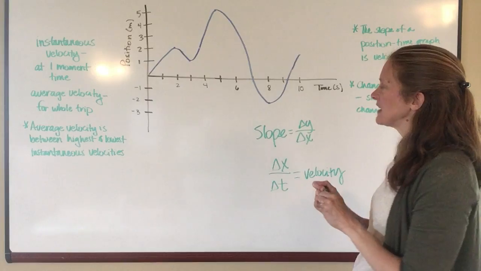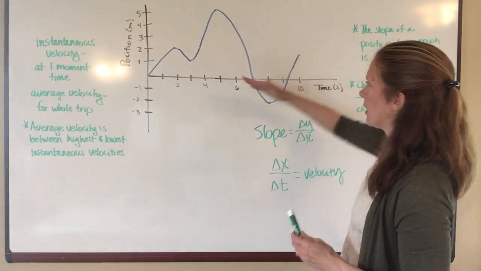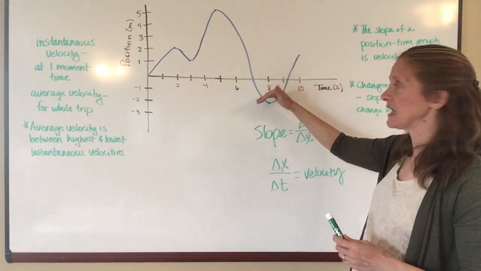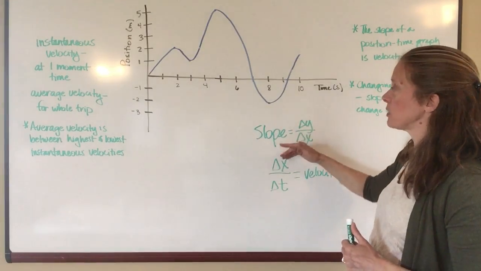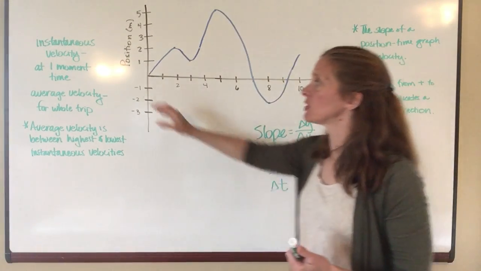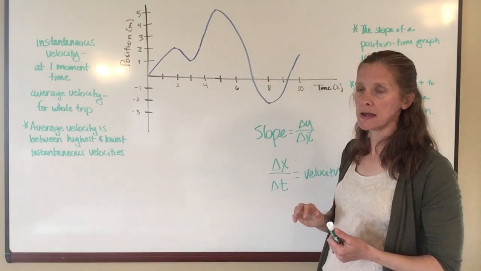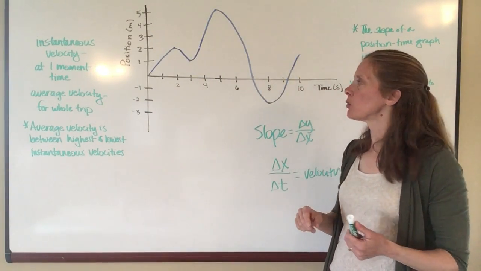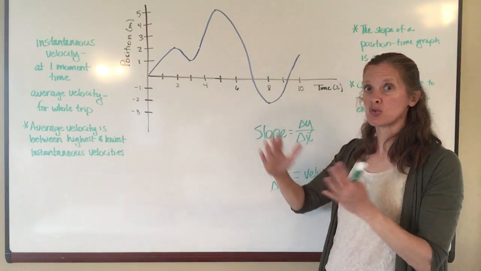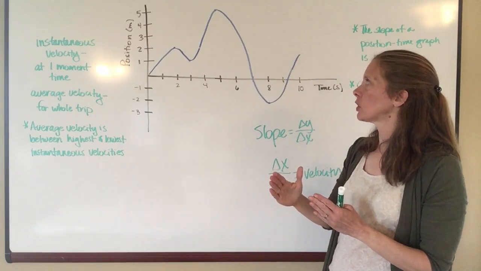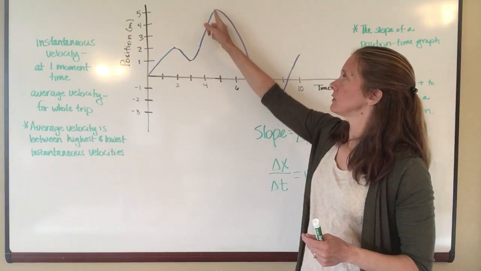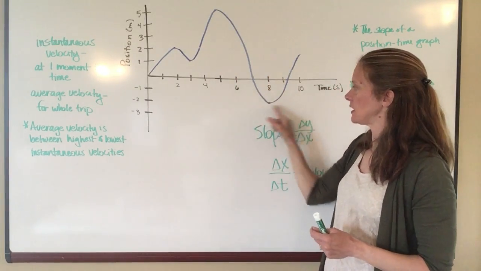Okay, so if I take the slope of this curve at any point, that's going to tell me what the velocity is, and specifically what the instantaneous velocity is at that particular point in time. Now, when you do this, you want to try to find a relatively straight portion of the curve, and try to ignore the pieces where it's getting real curvy.